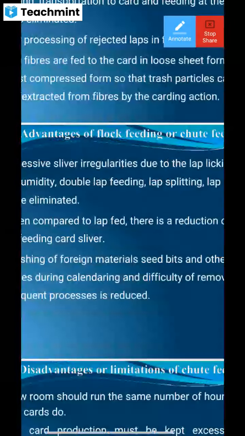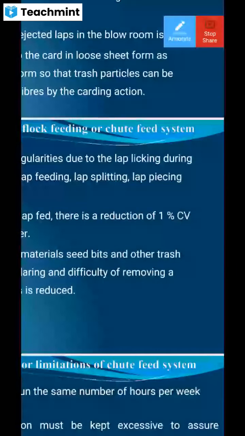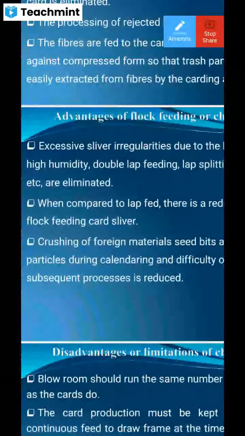If you go for manual, we face some difficulties and problematic activities. That is lap licking due to high humidity, double lap feeding, lap splitting, and lap piecing, etc. are completely eliminated by the flock feeding or chute feeding system.